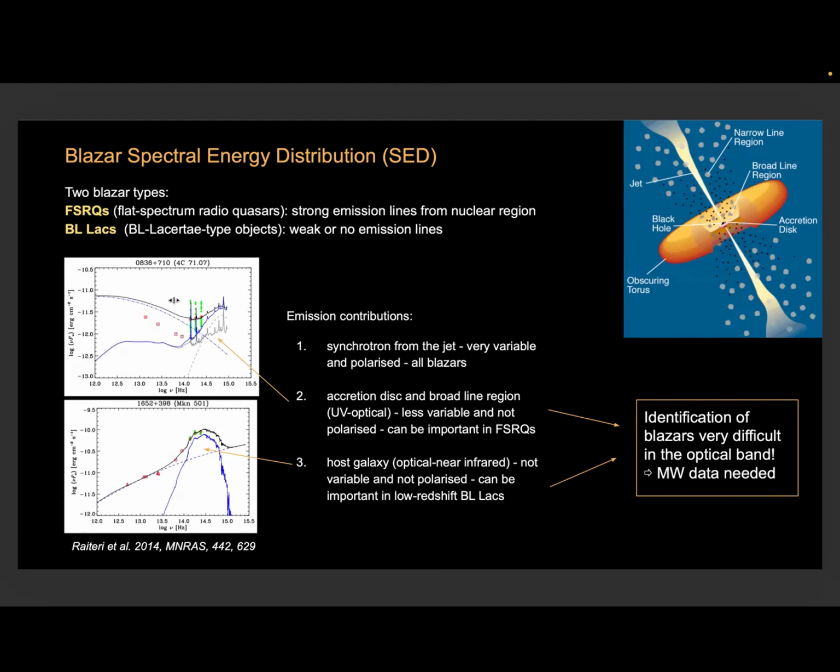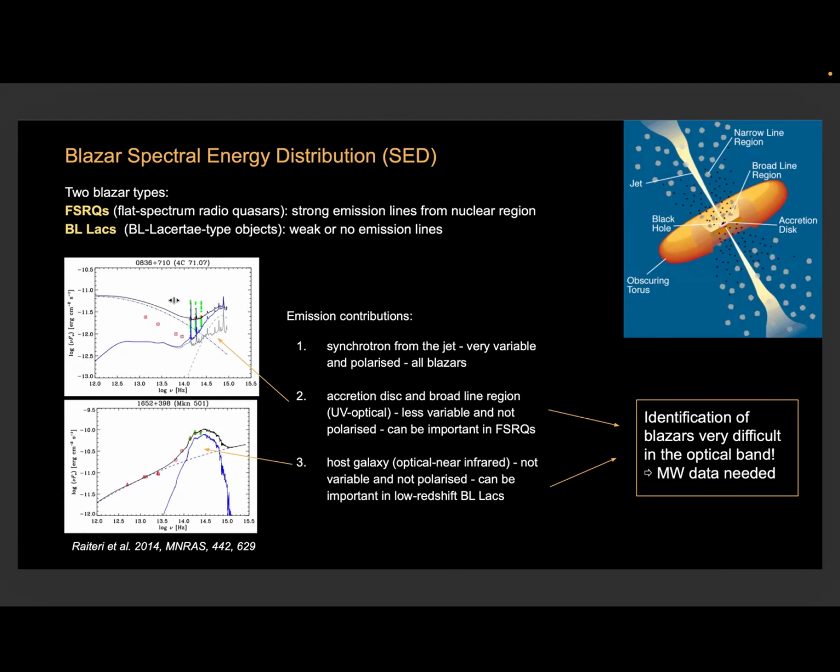For the closest objects in the SLED, we can distinguish the contribution from the host galaxy. So it goes without saying that it's very, very difficult to identify and select blazars in the optical band, because in addition to the very variable non-thermal emission from the jet, you can have strong contributions from the less variable emission from the big blue bump, and even a steady contribution from the host galaxy.